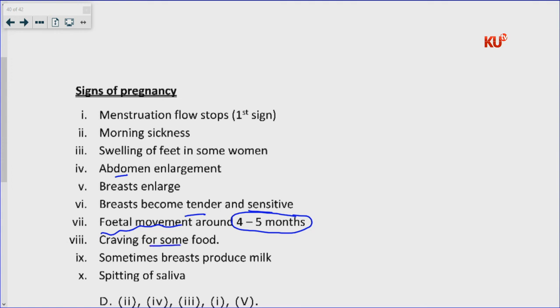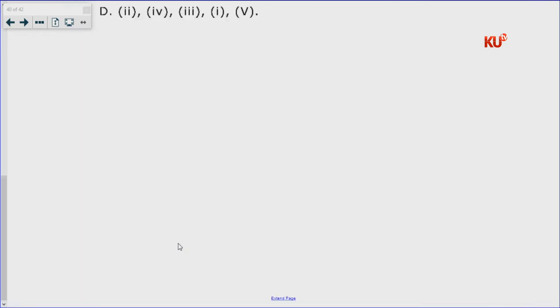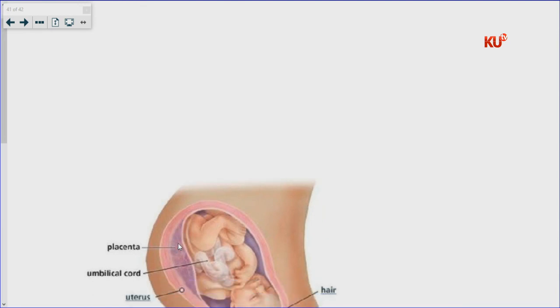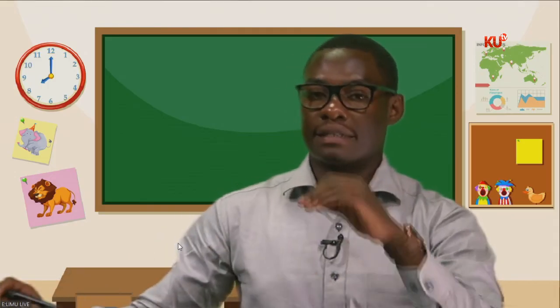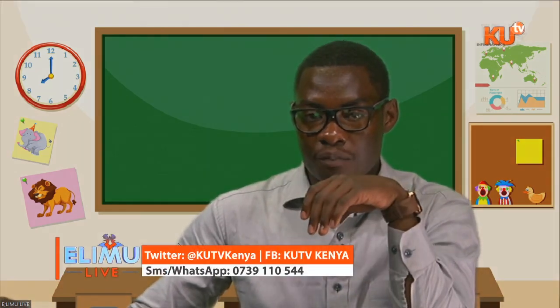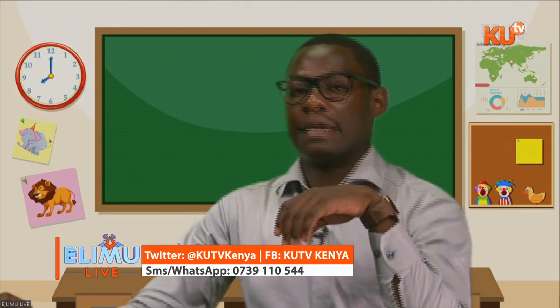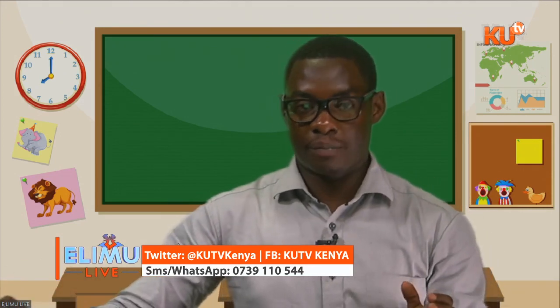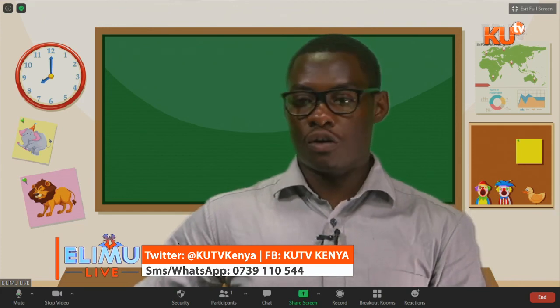Then we have spitting of saliva, and on some occasions the breast produces milk. Those are the signs of pregnancy. And if you are asked, the first sign of pregnancy is that menstruation flow stops.